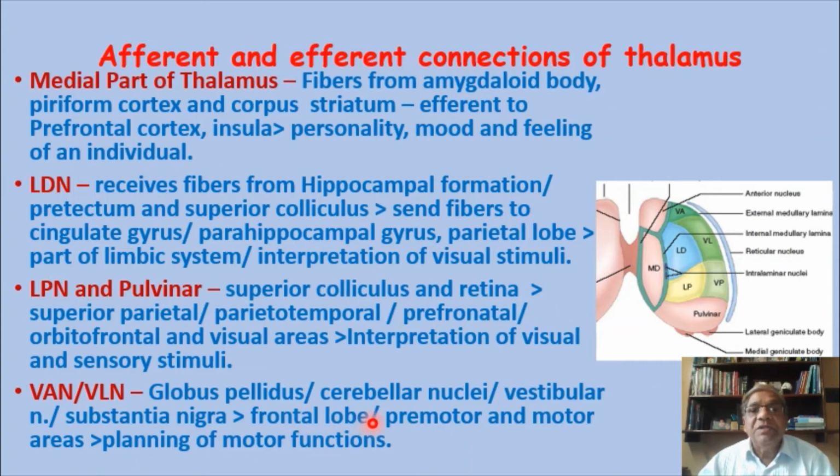The fibers go to the frontal lobe, to the premotor and motor areas, area number 4, and they are involved in the planning of motor function.